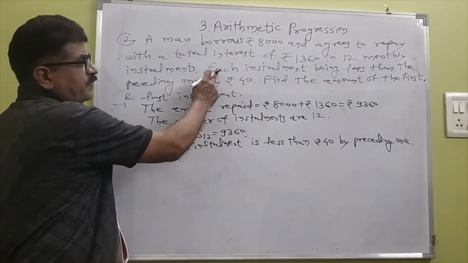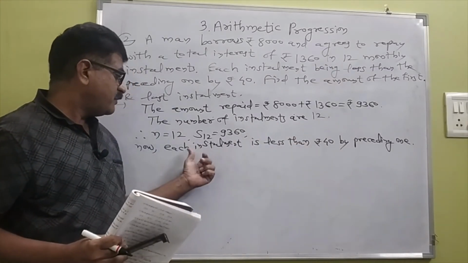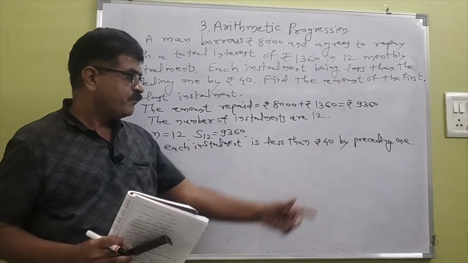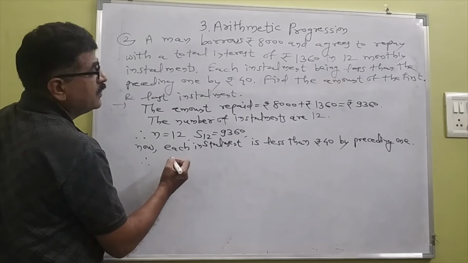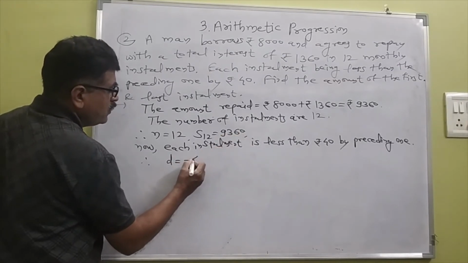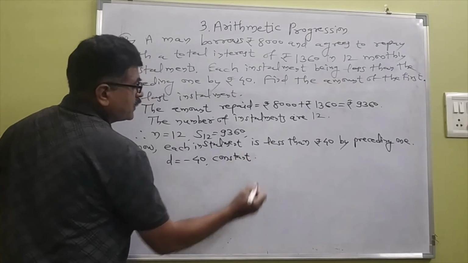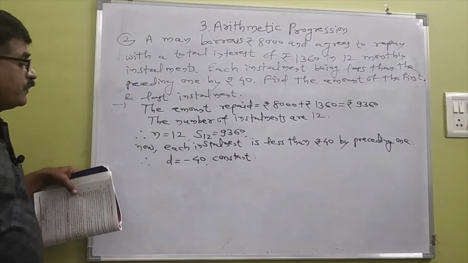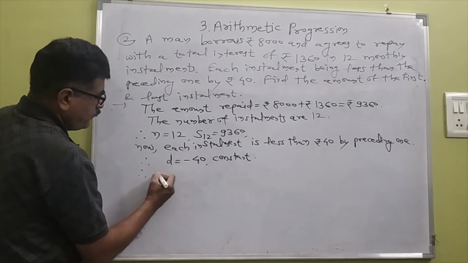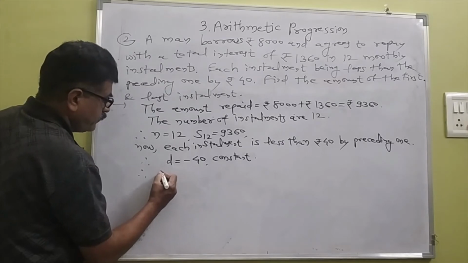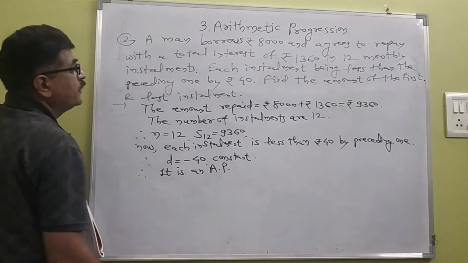That is, the next installment is 40 less than the previous one. Therefore the common difference d is equal to minus 40, which is a constant. Therefore it is an AP.